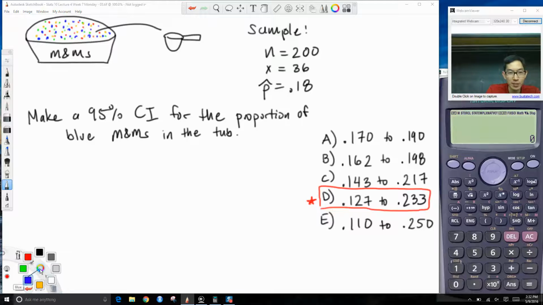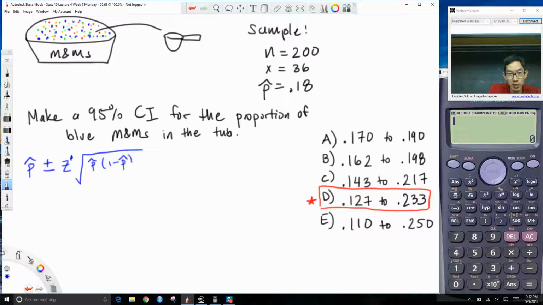All right, so we have p hat plus or minus, we can combine both sides into plus or minus, z star times the square root of p hat times 1 minus p hat over n. So I have 0.18 plus or minus 1.96 times the square root of 0.18 times 1 minus 0.18 over 200.